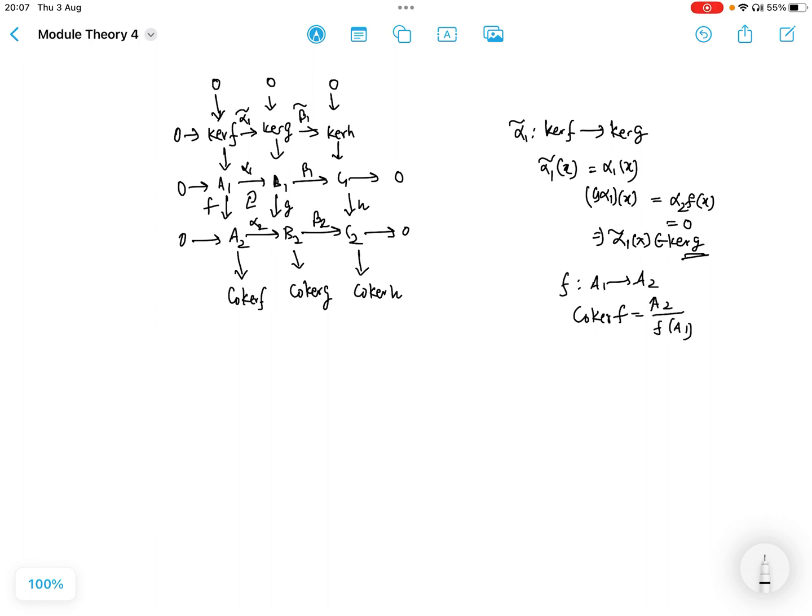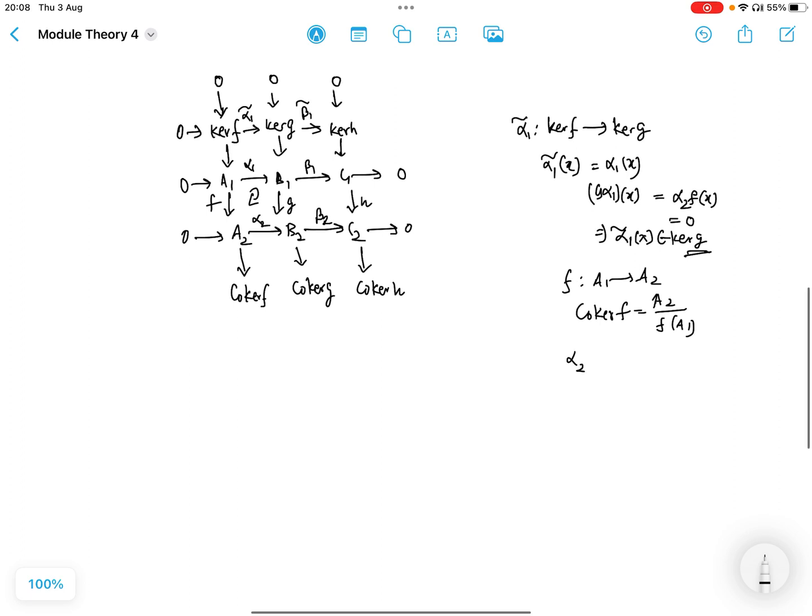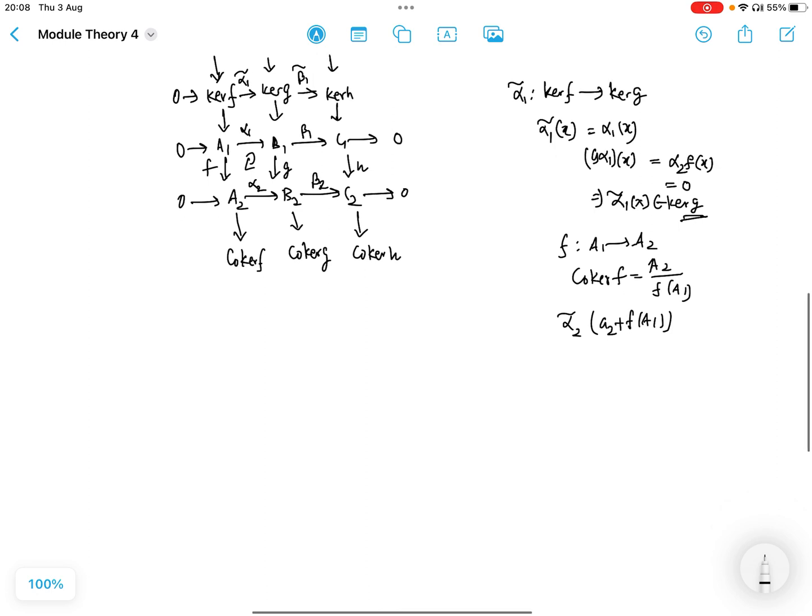So now you can define this map. Again, this map is pretty much natural. You can define it from the co-kernel of F. So any element would look like a coset, right, because this is an equivalence class. You can take just a representative of that equivalence class and map it, because it is coming from capital A2 and we have this map alpha 2 from capital A2. So you can do this, right?